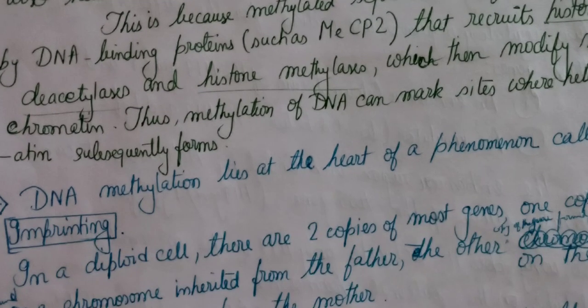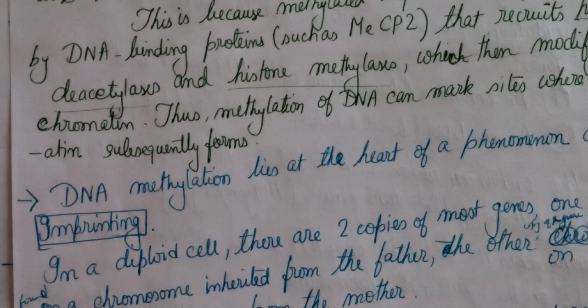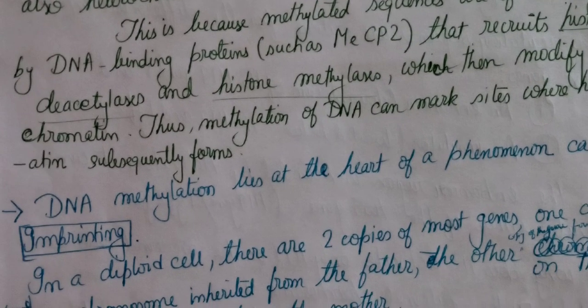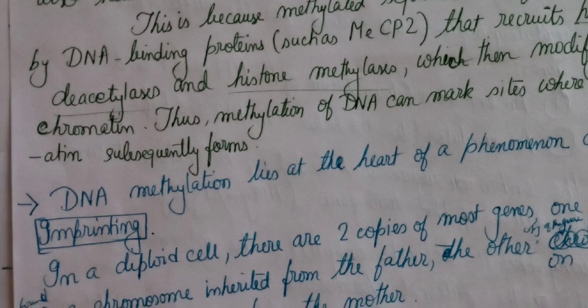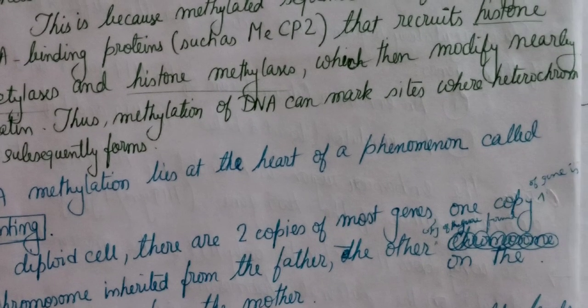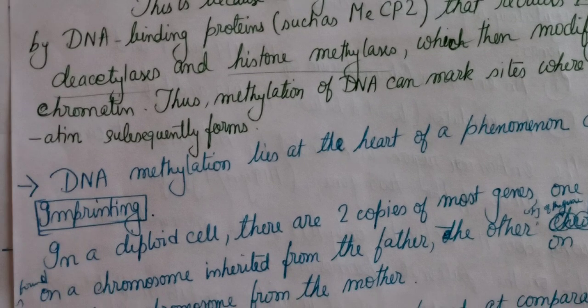This DNA methylation lies at the heart of a phenomenon called imprinting. There is a technical term that you might have heard during your genetics lecture: genomic imprinting. Genomic imprinting means it is predestined which genes will be activated and which genes will be repressed. Okay, so DNA methylation lies at the heart of a phenomenon called imprinting.